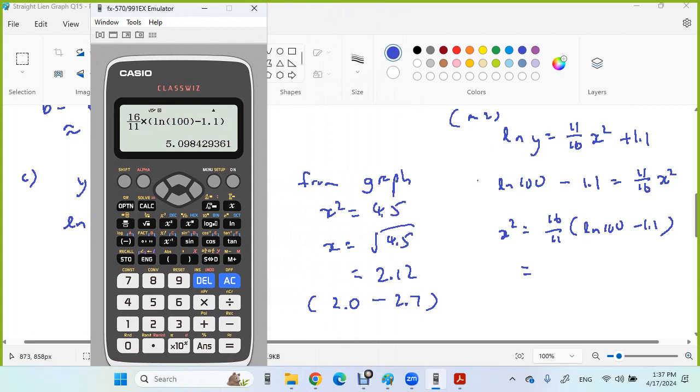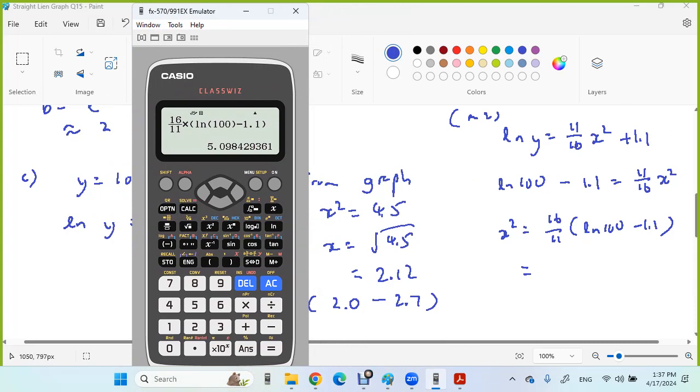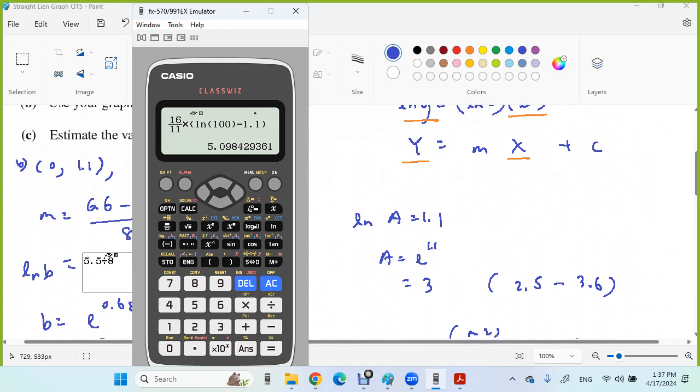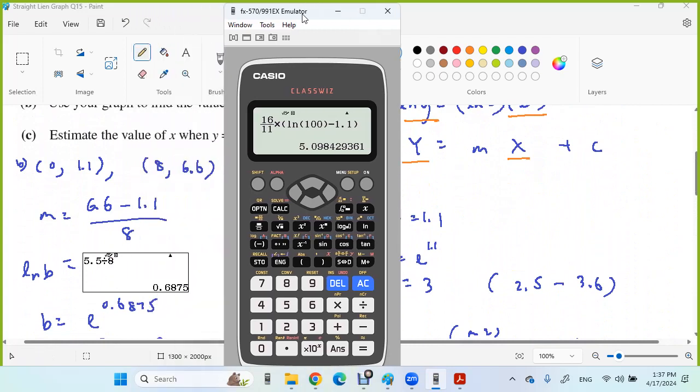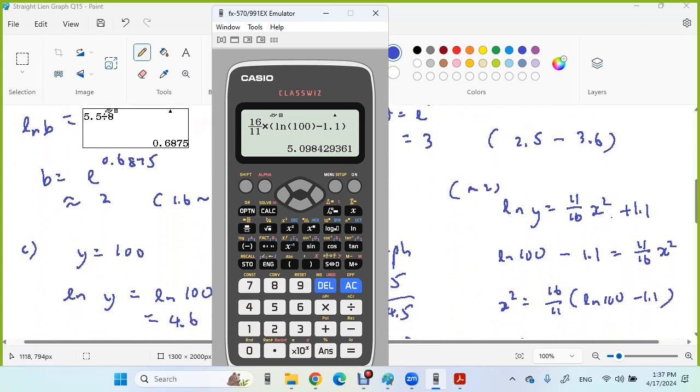Here y is 100, so ln 100 minus 1.1, and this is ln b, which is 11 over 16 x squared. So ln 100 minus this one, multiplied by 16 divided by 11.